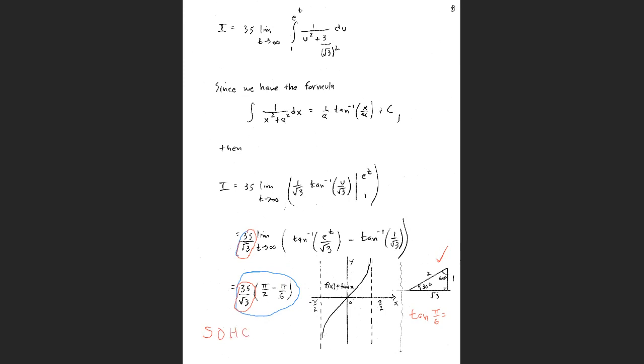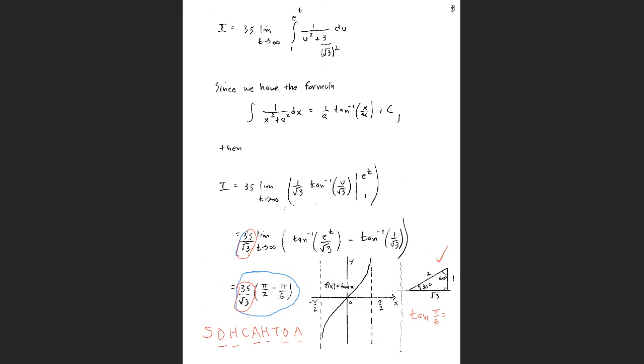I learned about it when I was in school. Maria remembers it: SOHCAHTOA. Sine is opposite over hypotenuse. Cosine is adjacent over hypotenuse, and tangent is opposite over adjacent.